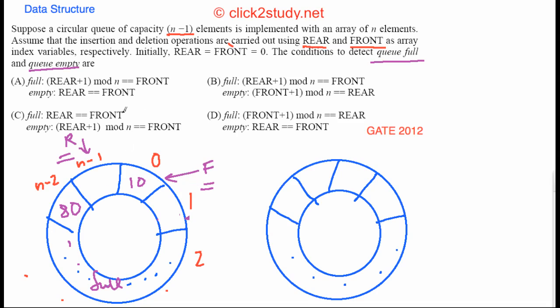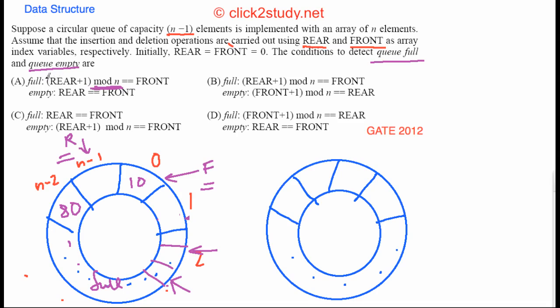So rear plus 1 should give me front, but since you are in a circular structure, this front might be out here. It might be the case that the front is here and your rear is here. You might have this situation, so you need this mod n out here. You take the remainder with n, so this remainder will be between 0 and n minus 1.